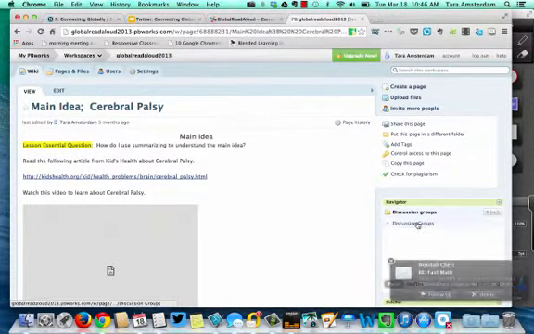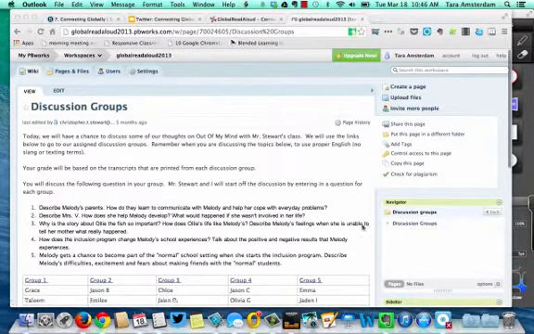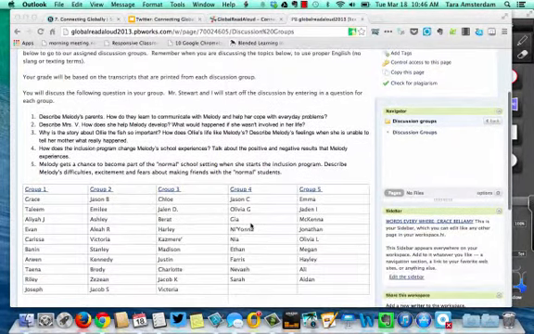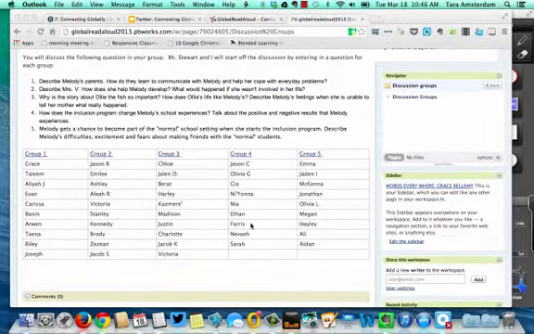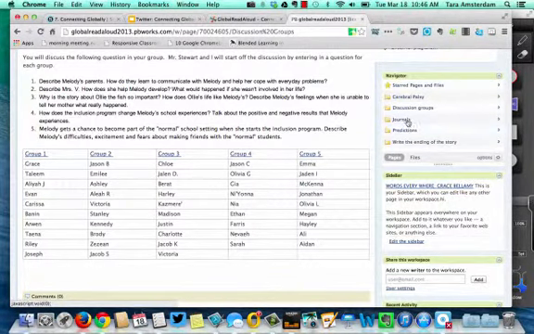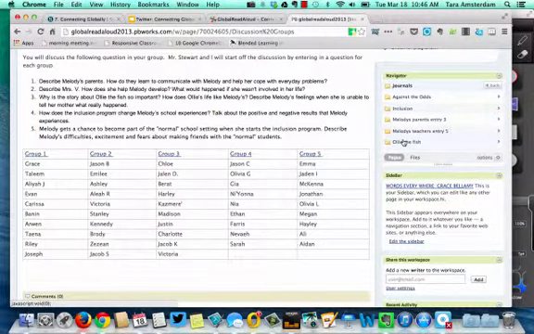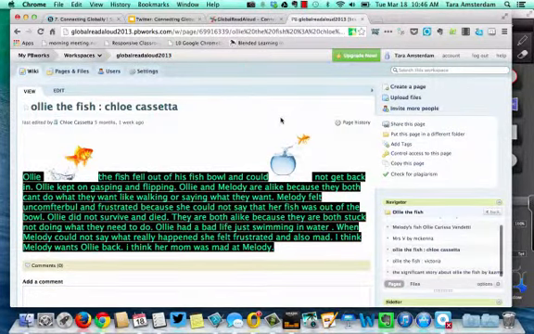Here was the discussion group, and Mr. Stewart and I split our students up into different groups, and the students knew which group they were supposed to go to get into the chat, and they worked extremely hard on this. And then we also did journal writing to respond to things that had happened in the book. So you can see the students did a ton of reading, a ton of writing. It was a wonderful experience.